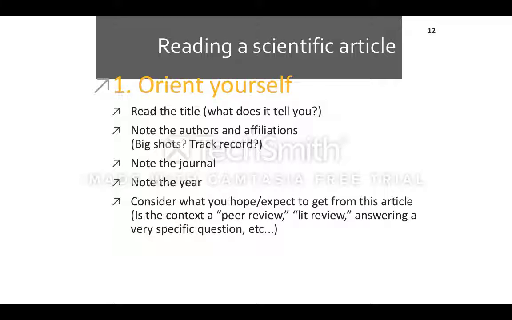If the study you're reading is from the Council to Promote People Spending a Lot of Money on the Curriculum We're Selling, that gives you a hint that they might be a little bit biased. Look at what the journal is and the year. How recent is this? And think about why you're reading this article. What does it relate to in your clinical or professional or personal life?